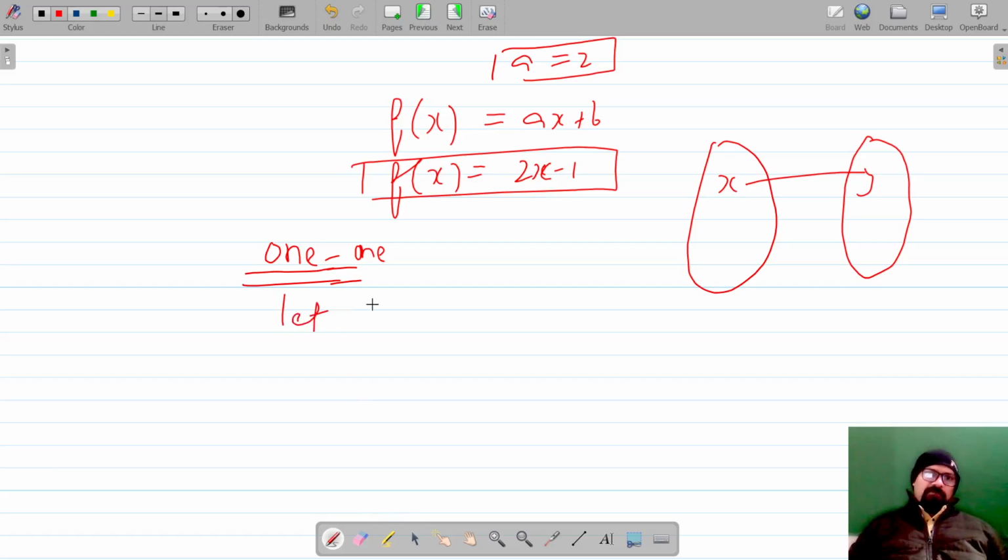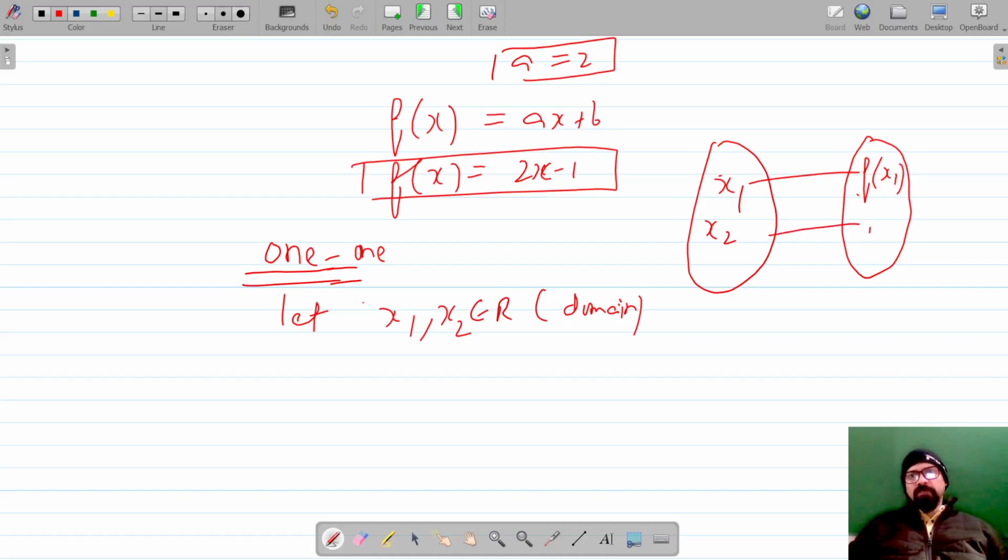So let's say we have x1 and x2 that belong to R, that is the domain. So x1 has an image, f of x1, and x2 will have an image, f of x2. So we have to show that for every x there is a unique y.